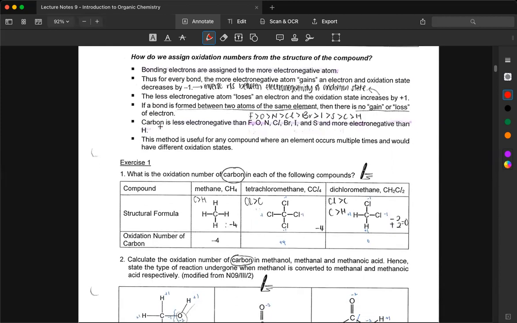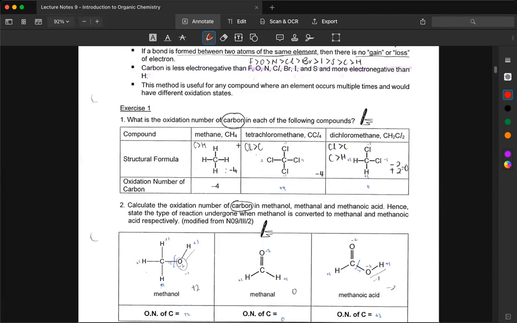Carbon is actually less electronegative than fluorine, oxygen, nitrogen, chlorine, bromine, iodine, and even sulfur, and is more electronegative than hydrogen. So this is the list in order of electronegativity from the most to the least electronegative. This method is useful for any compound when an element occurs multiple times and might have different oxidation states.